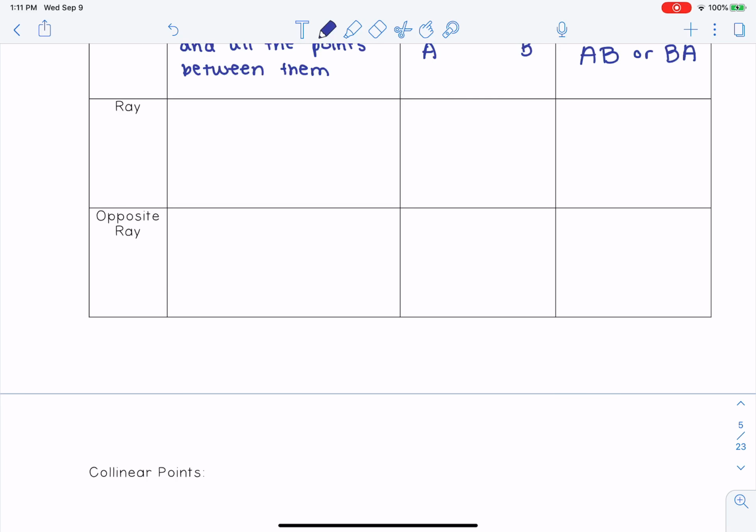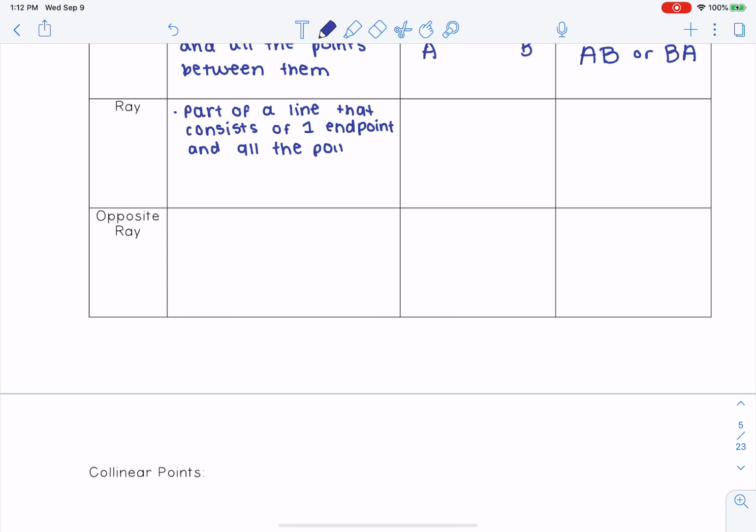Next up I have what's called a ray. So a ray is a part of a line that consists of one endpoint and all the points on one side.